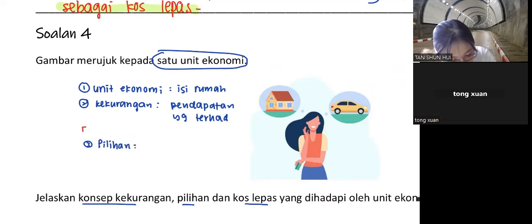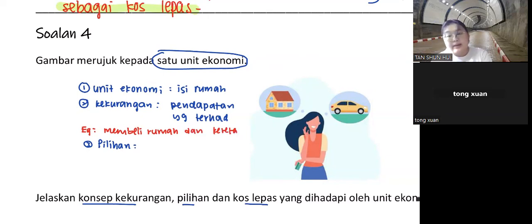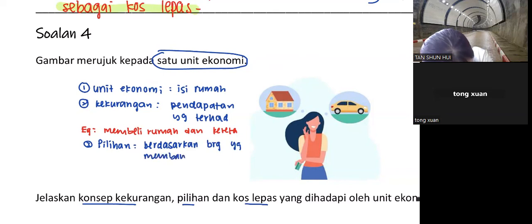You can say, we have limited income to membeli rumah dan kereta. So we have to membuat pilihan. We will make choices based on what? Berdasarkan barang yang membawa kepuasan yang maksimum.